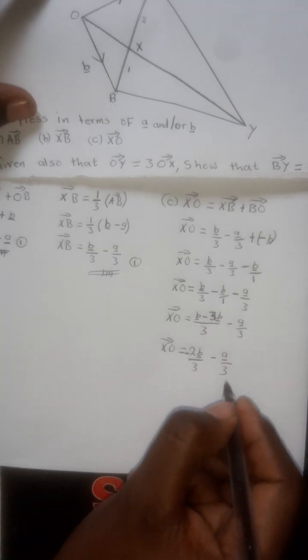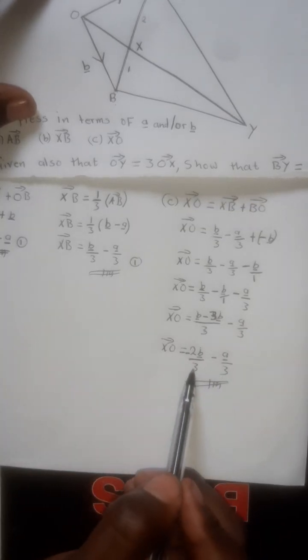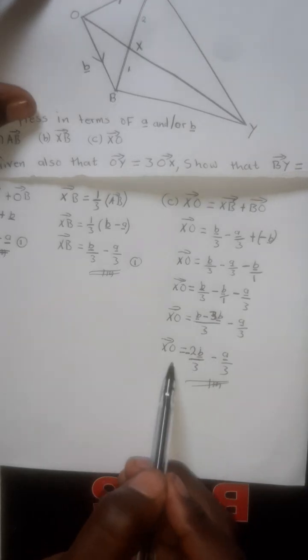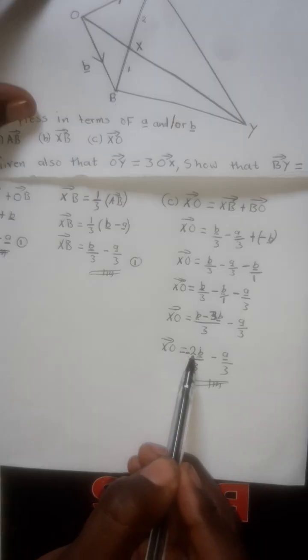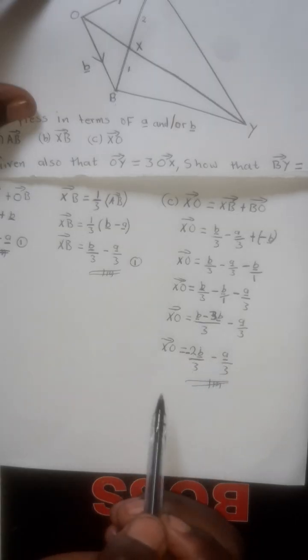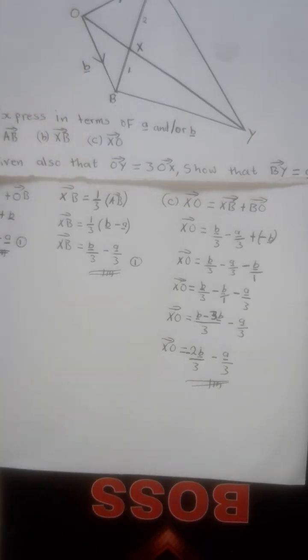Okay, here we are done. Again here we cannot find the common denominator because the numerators are unlike terms, and we cannot interchange to start with a positive because there's no positive. This is negative 2 vector B and this is negative vector A, so they're all negative, so you just leave them like that. So that is our XO.